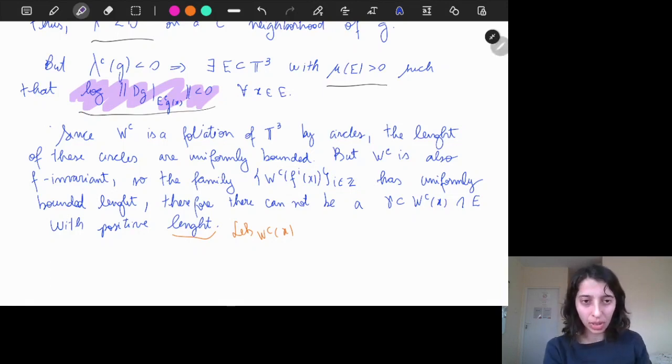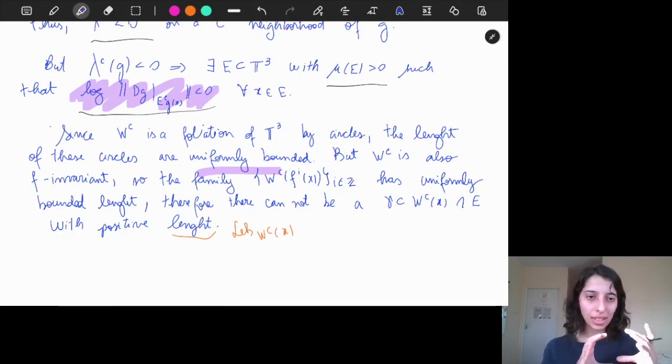But the foliation W^c is a foliation by circles. So we have a continuous family of circles over the two-dimensional torus. And then the lengths of the circles should be bounded, because it's a continuous function over a compact space. They are uniformly bounded. But this foliation is also invariant by our dynamics.